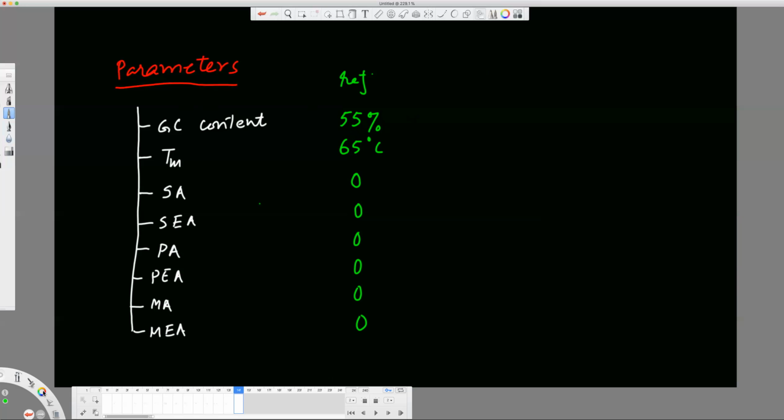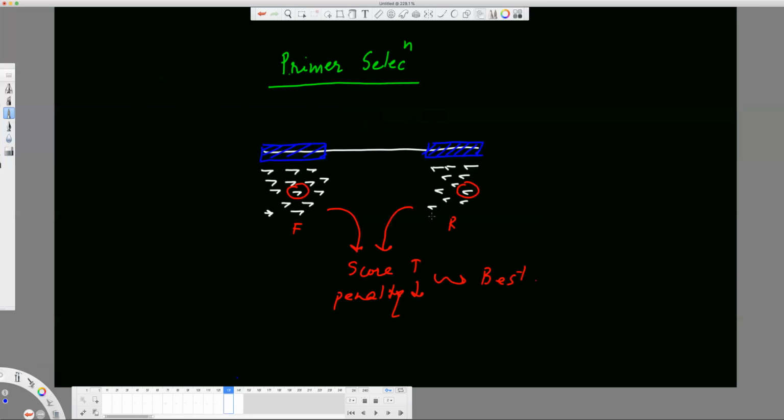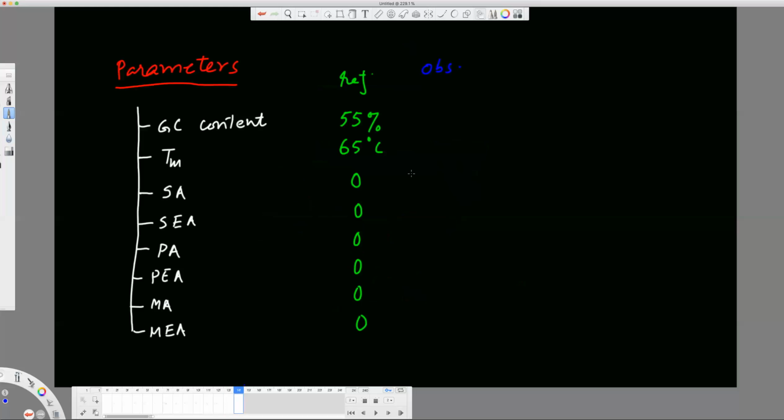And now you need to find out, for one pair at a time, what is the observed value, right? So I'm going to calculate the observed values for one pair. Remember, we have multiple pairs. You need to make all possible combinations of forward and reverse. So let us say I took this pair that I have highlighted in red, and I want to score it. I'm going to look at each sequence individually.